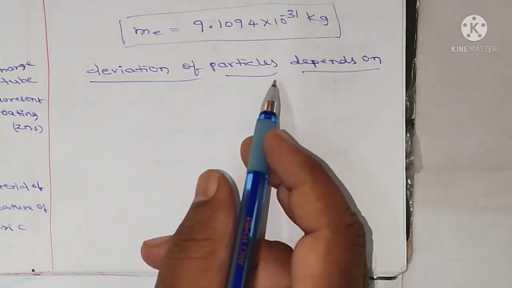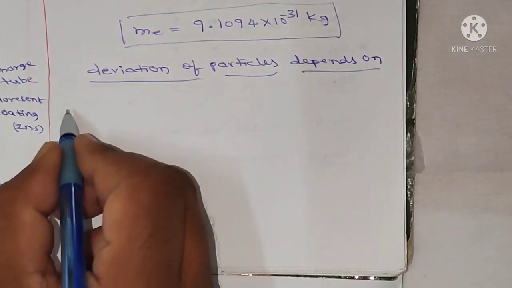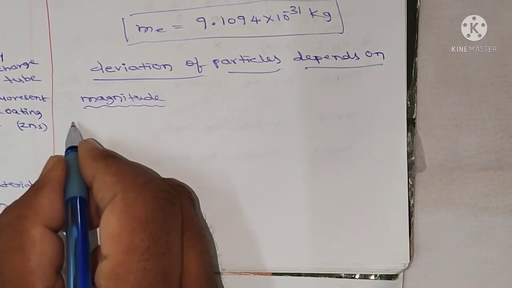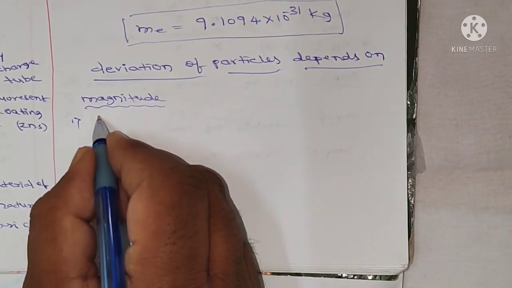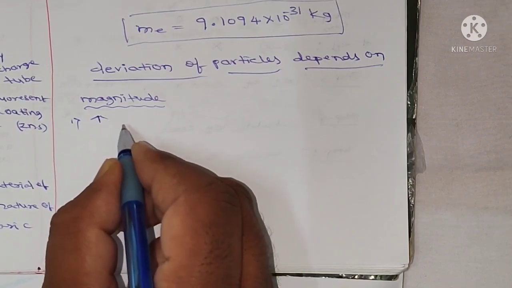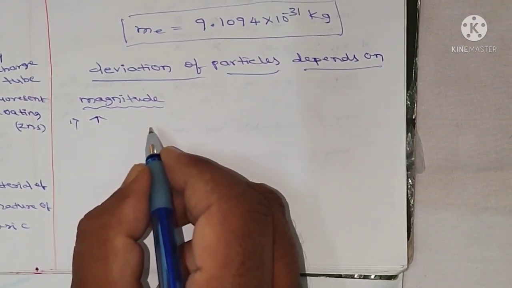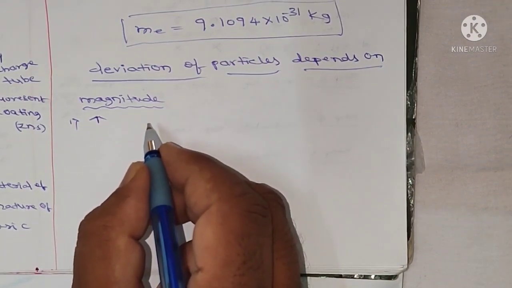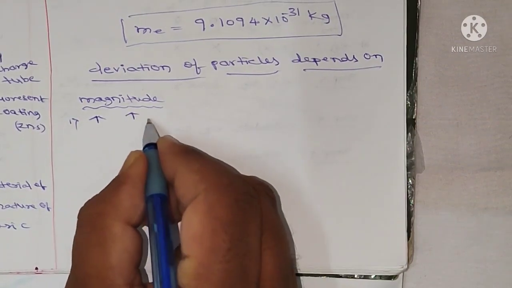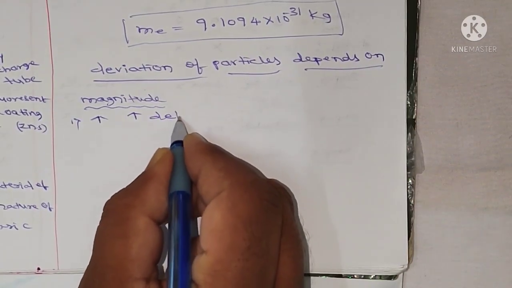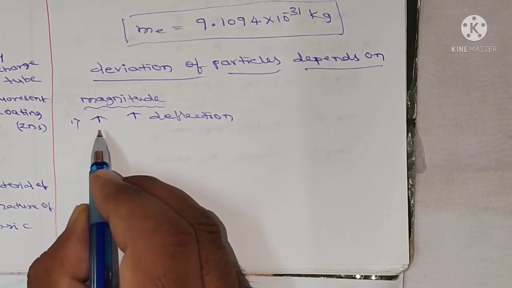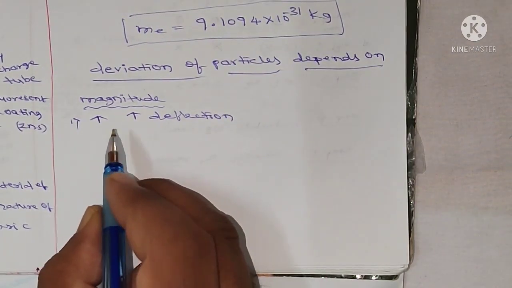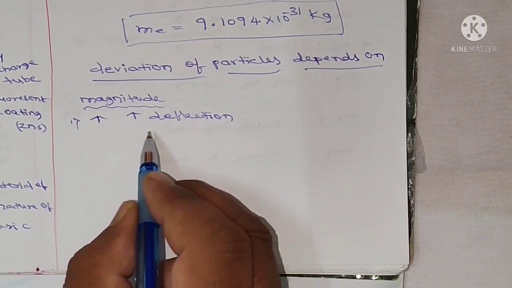Next, deviation of particles depends on magnitude. Greater the interaction with electric and magnetic field, greater the deflection.